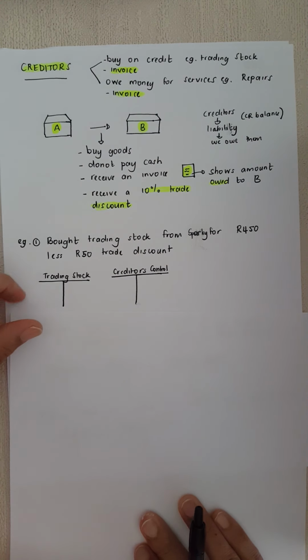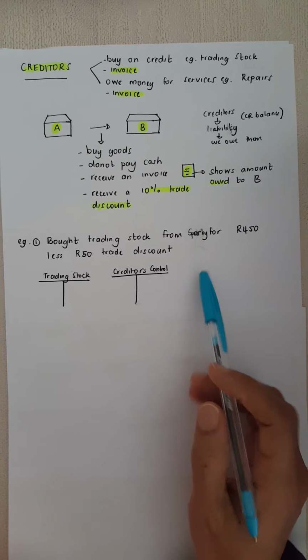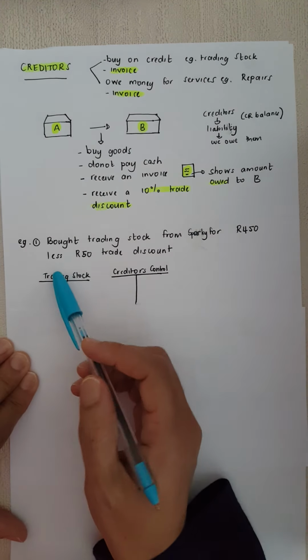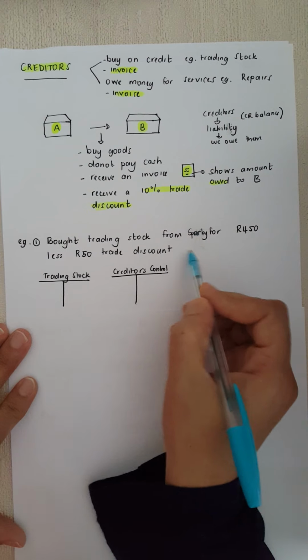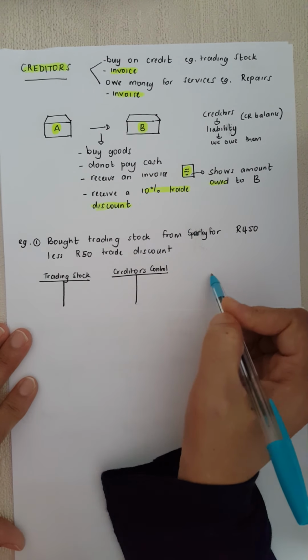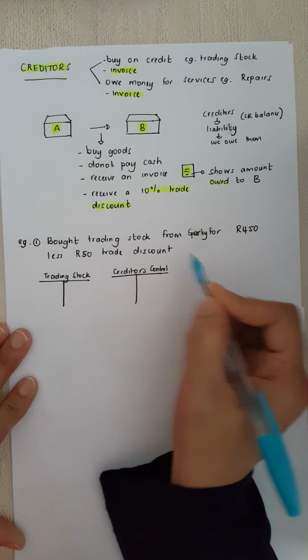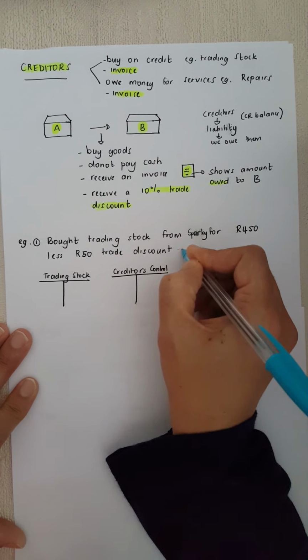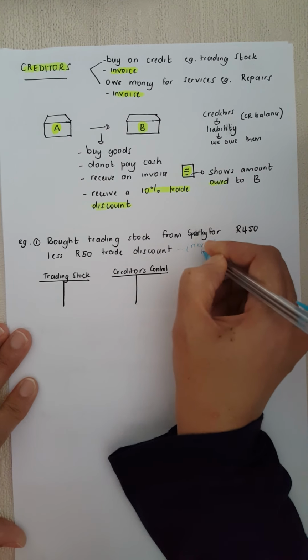What I've written here is I've bought trading stock from Sparky for 450 Rand less 50 Rand trade discount. Now this is where the trade discount comes into play, and remember, this is not like debtors. We don't have 2 transactions or 4 entries where we enter the discount. This discount is recorded by the creditor.